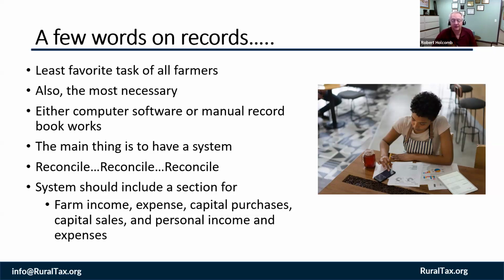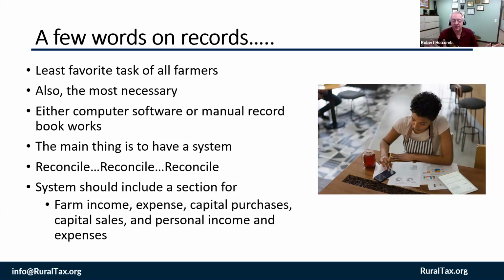I worked with a group of about 100 farmers. I helped them with their records. We did fall tax planning. I did the 1099 work. We did an analysis, and then we did the tax return. You got to know their business quite well, and it didn't take long to separate the good record keepers from the ones that needed help.